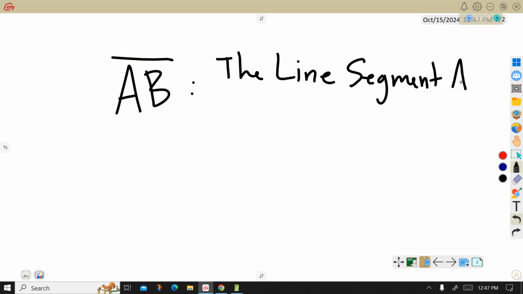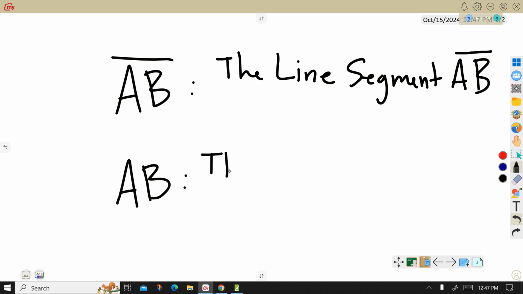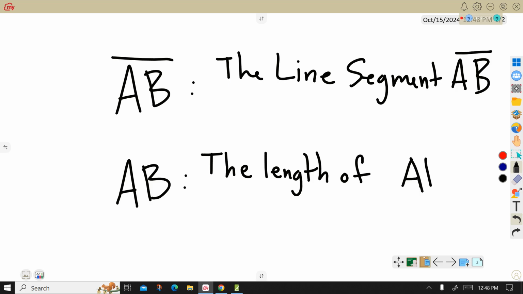But if there is no line on top of it, then we're talking about the length of the line. So AB with no line on top means the length of line segment AB.